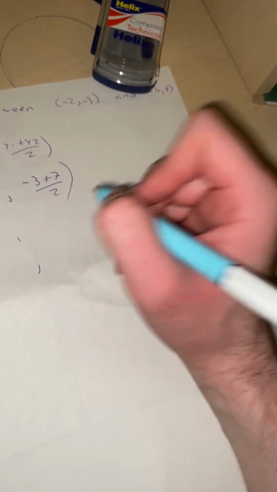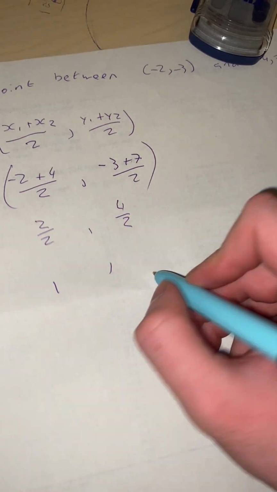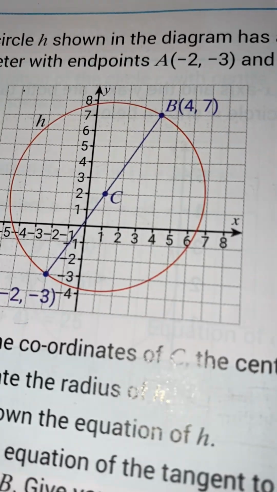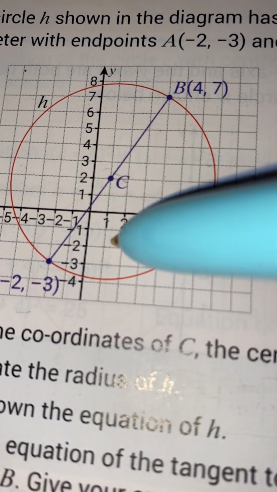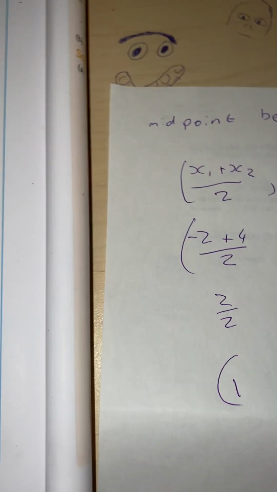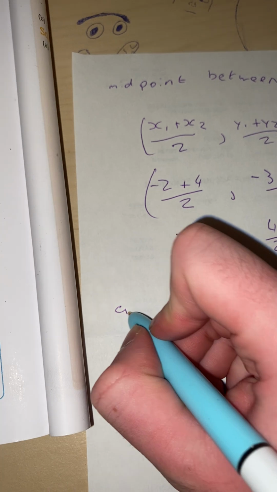And -3 plus 7 is 4 over 2, which gives me 2. So our center there is 1, 2. And as we can see from the graph, 1, 2, yeah, that seems right. We go up to 1 and 2 on the graph. So yeah, 1, 2 is the correct point there. So the center C is 1, 2. So that's part A answered.